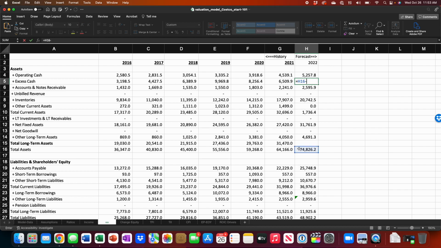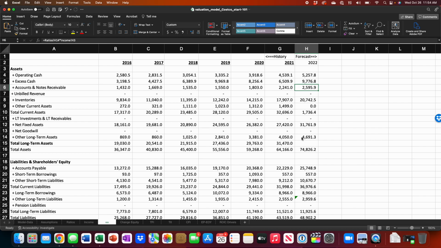So H16 minus H4, operating cash, minus H6, accounts and notes receivable, minus H7, unbilled revenue, minus inventory, which is H8, minus other current assets, H9, minus long-term investments, minus, I think I made a mistake here, but net fixed assets, minus goodwill, minus other long-term assets. So 9776.8.